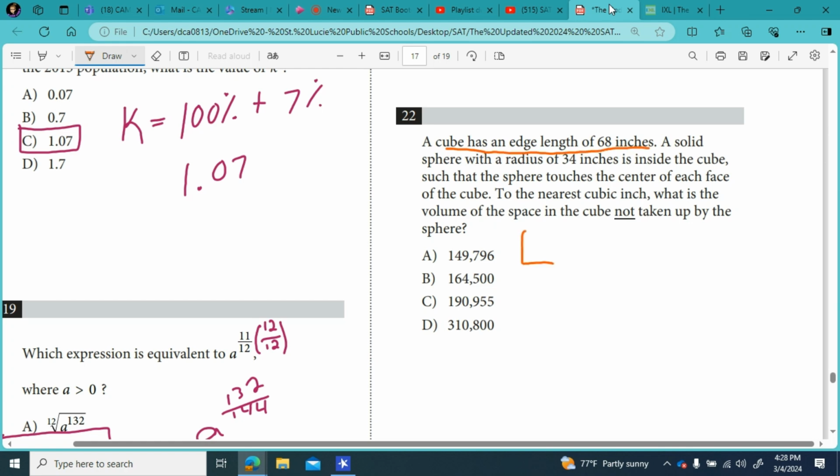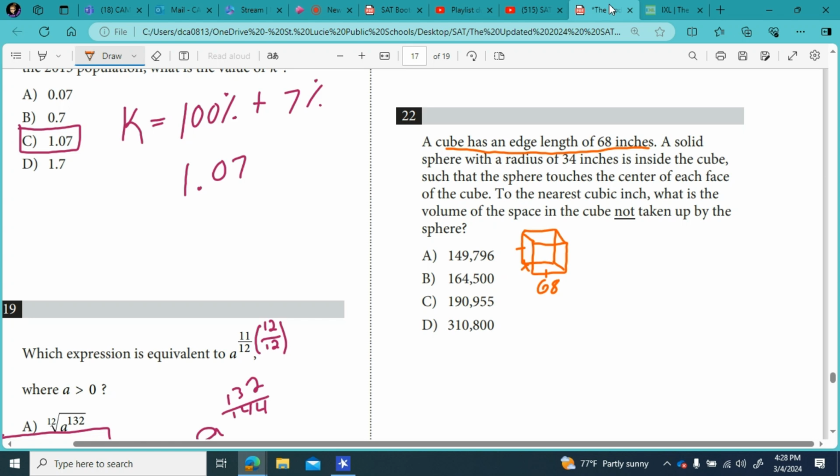where we take a square where all four sides are the same, and another square, and connect the corners. So length, width, height are all equivalent, all 68 inches, because length, width, height on a cube are all the same, okay?